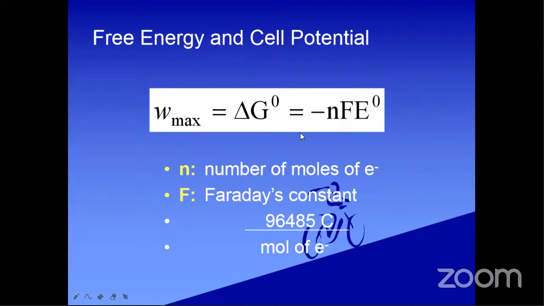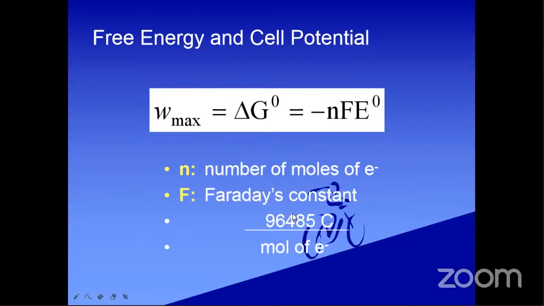Here, what is n? n indicates the number of electrons in a chemical reaction. For example, A gives A plus and an electron, so here one electron is lost. So the number of electrons involved in a chemical reaction is considered as small n. What is F? F is the Faraday constant.